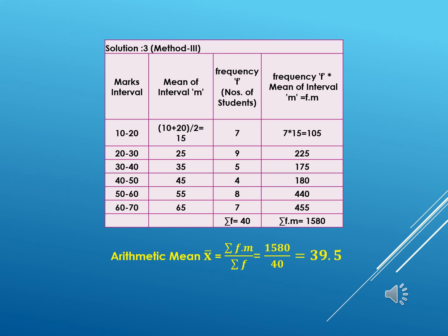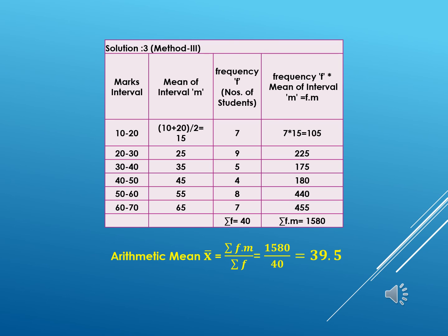In the fourth column, multiply the frequency f with the mean of interval as found in the column number 2, that is frequency 7 into 15 will be equal to 105 in the first row. In the second row, f into m will be 9 into 25, 225.